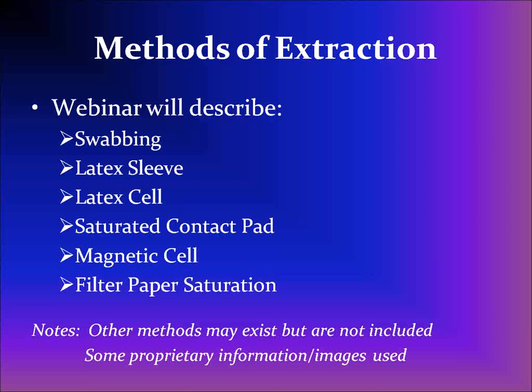Some proprietary information and digital images are included in this webinar. This is not meant to be an endorsement of these products, but simply an illustration of their existence. Also, there may be other methods of extraction that I'm not going to be addressing, and no doubt there will be better mousetraps in the future. This webinar will address the primary methods of extraction that exist in the marketplace today.